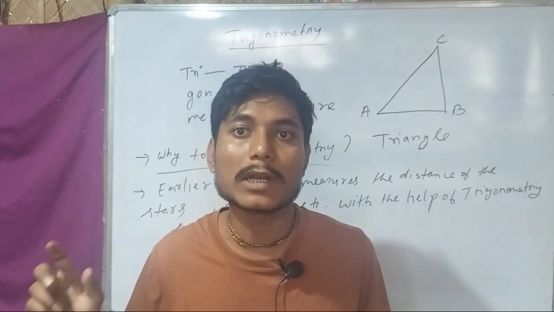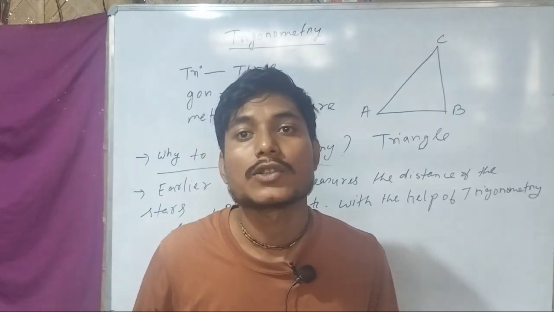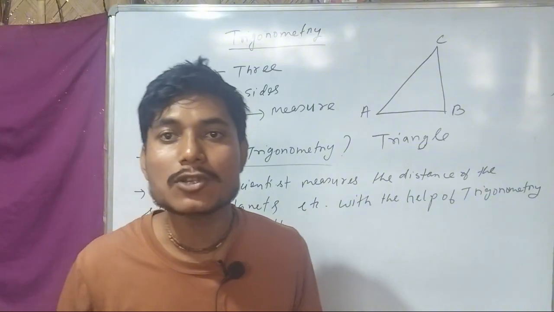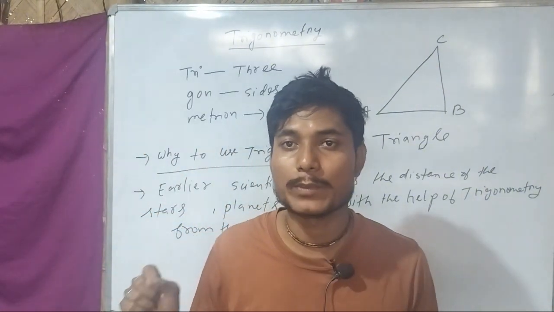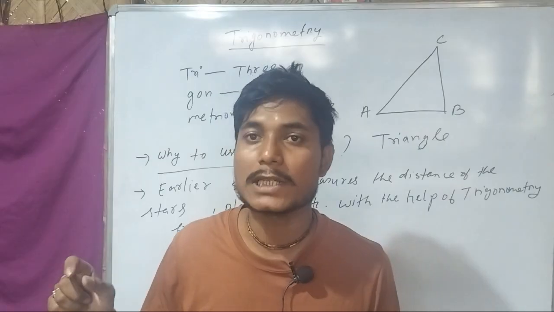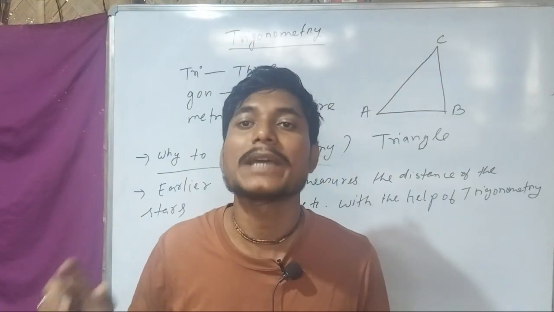So they used the branch of mathematics called trigonometry to measure the distance of the stars and the planets from the Earth.